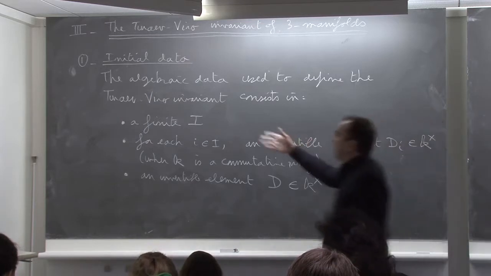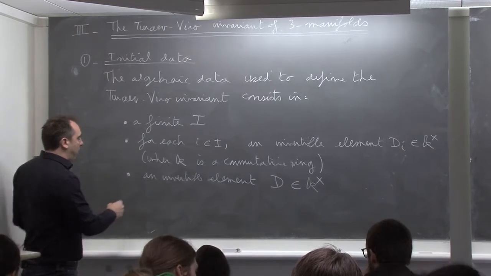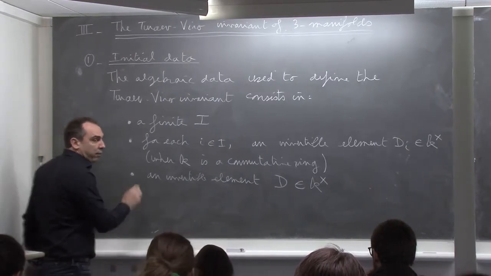But it cannot be colored in any way, so we want a notion so that for each triangle the colors are compatible, like in the Dijkgraaf-Witten invariant.